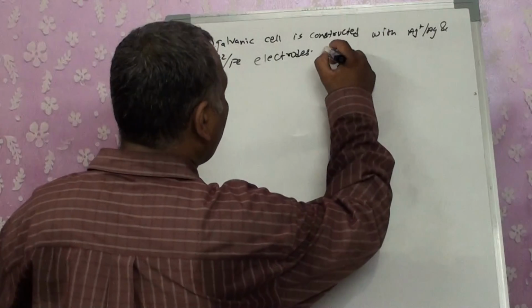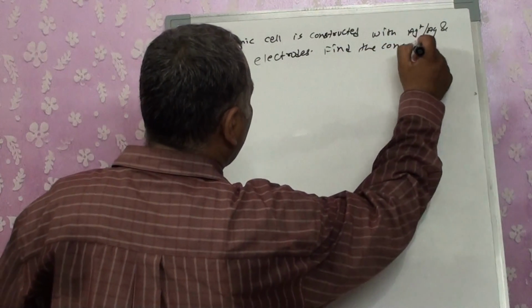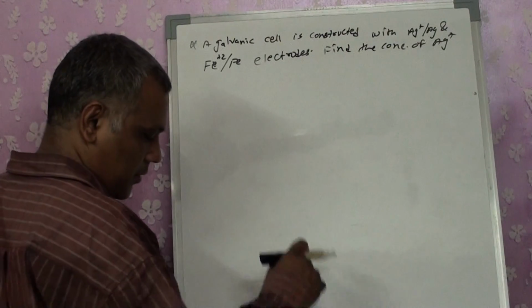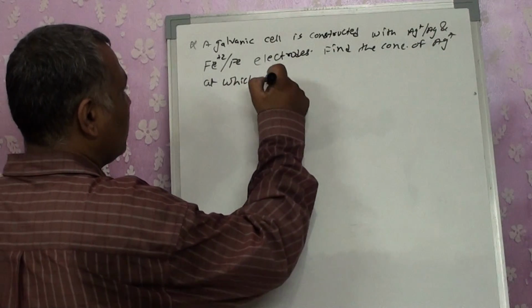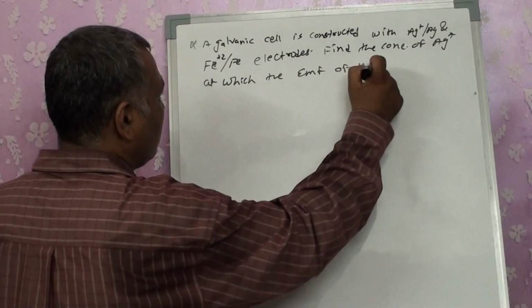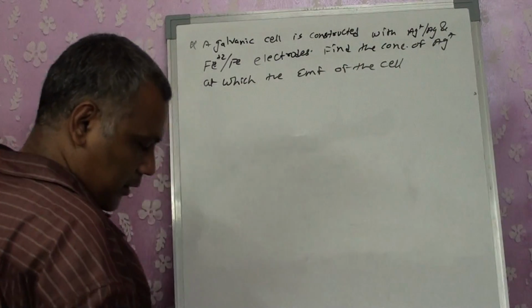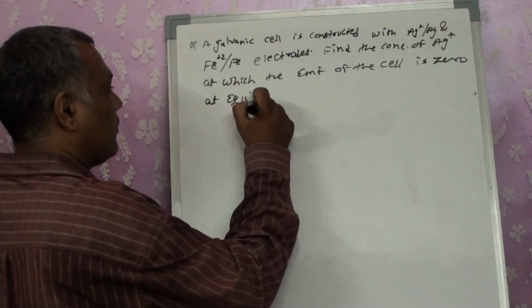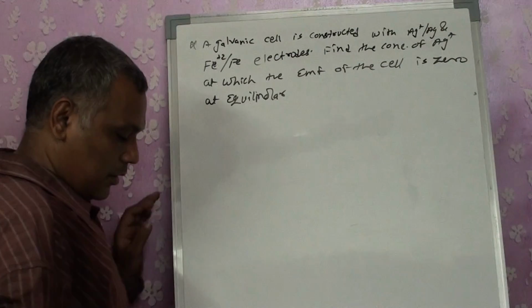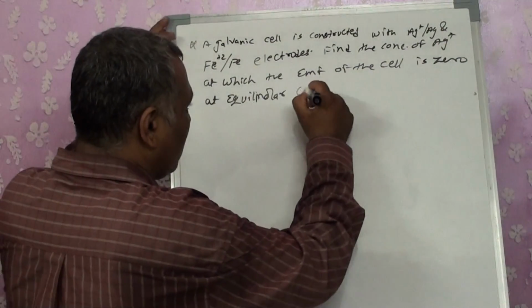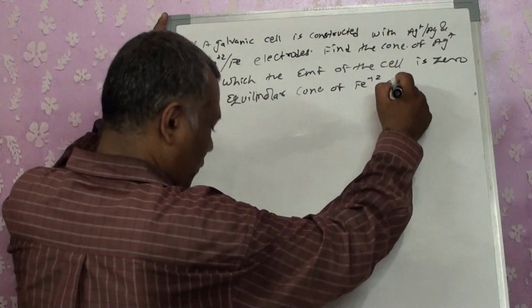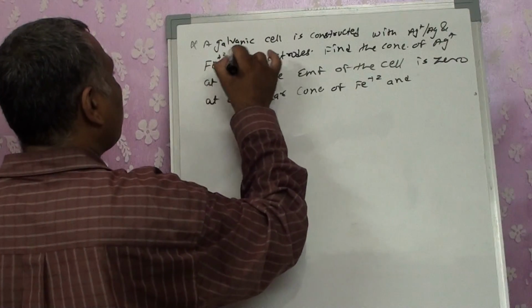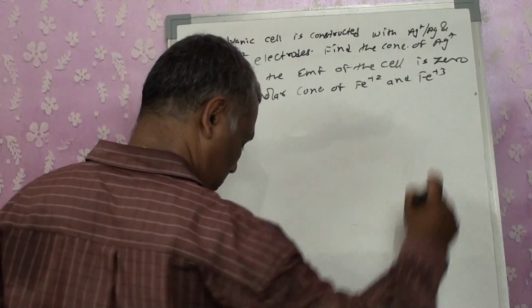Find the concentration of Ag plus at which the EMF of the cell is 0, at equimolar concentration of Fe plus 2 and Fe plus 3 ions.